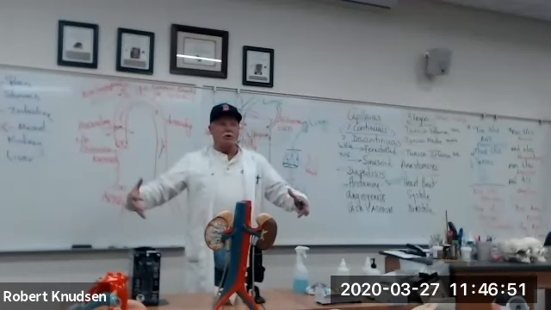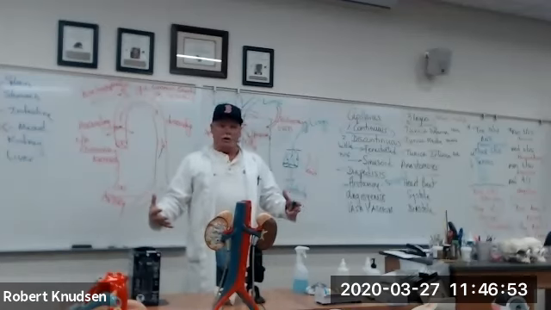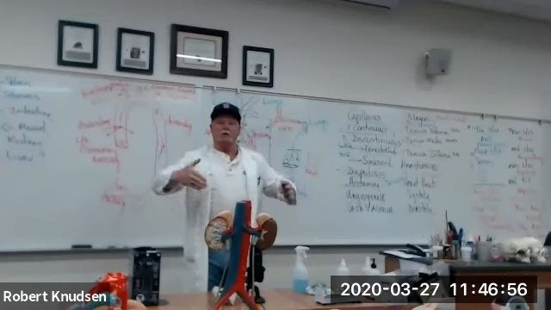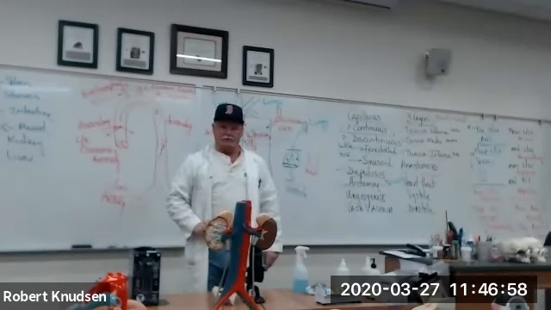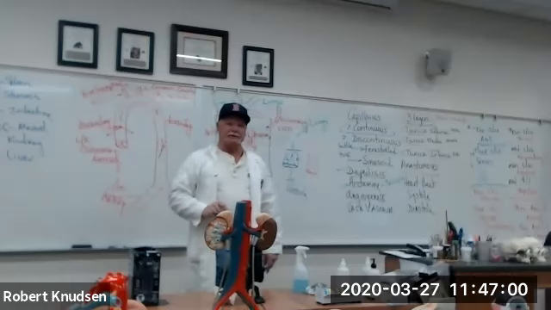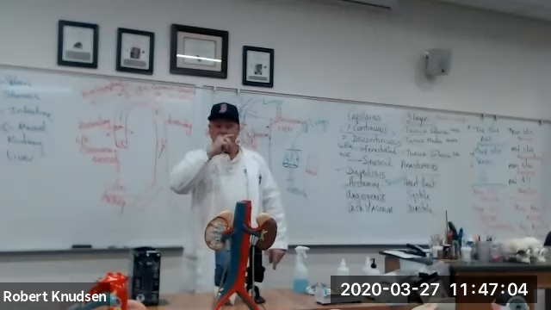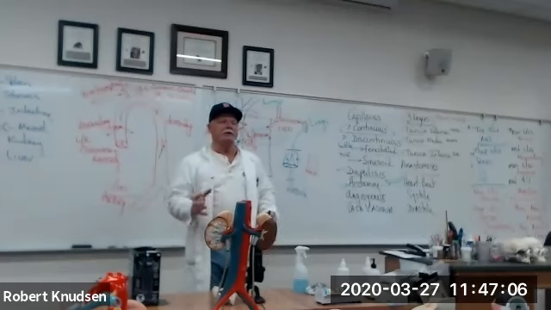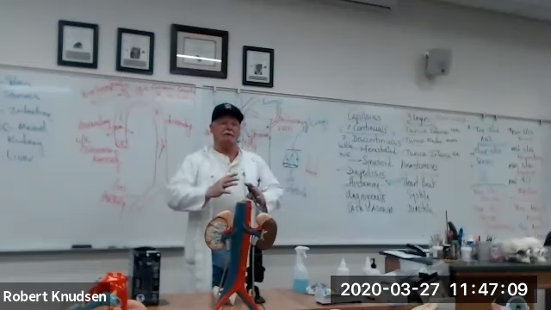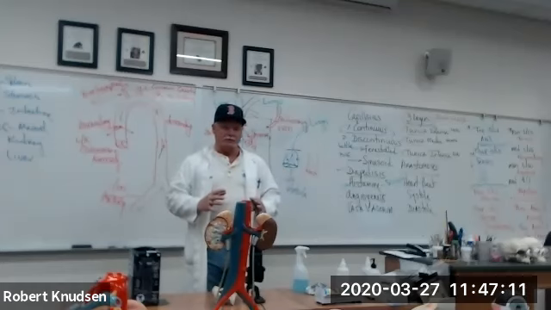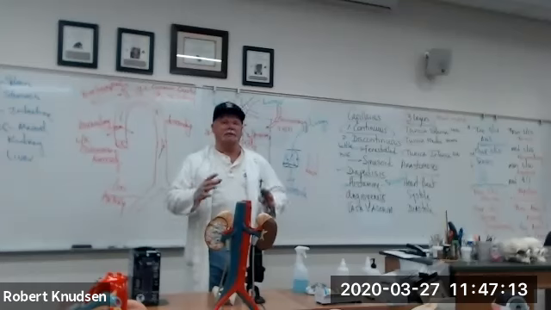So when you grow, when you're younger, you're growing this way. When you're older, you're growing this way. You need more blood vessels. The making of the blood vessels is called angiogenesis. Vasa Vasorum is a term that means blood supply to the blood vessels. Vasa Vasorum means blood supply to blood vessels.